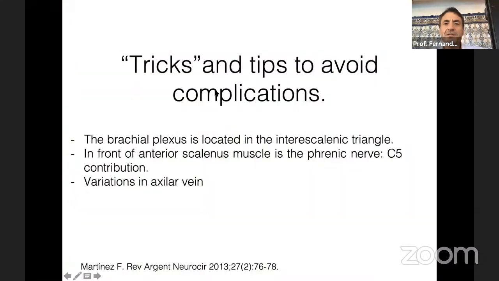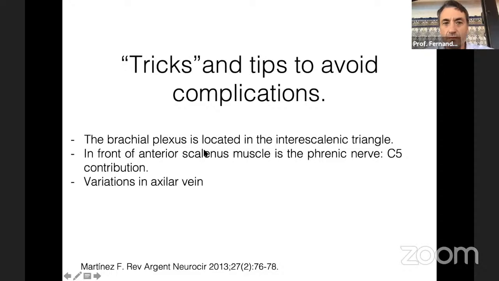Okay, tips and tricks in my experience. In some cases, it is hard to locate the brachial plexus because trauma modifies the normal anatomy. So one important point is the brachial plexus is located in the interscalene triangle.